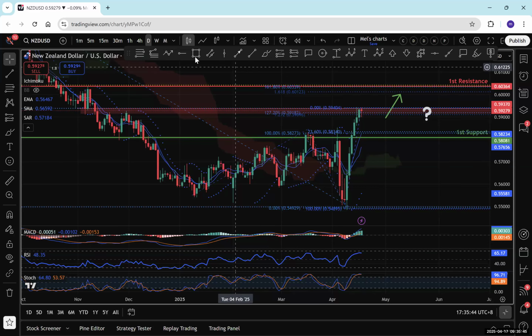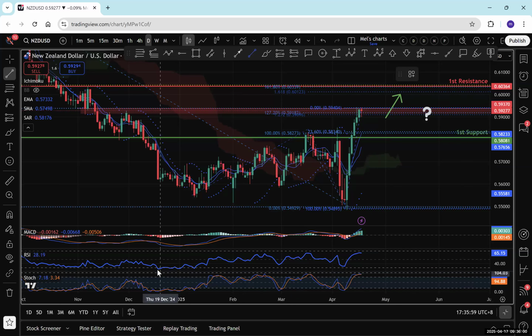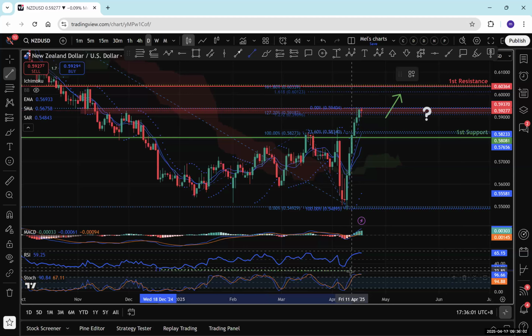But I think we also have an ascending trend line on the RSI. But let's see.